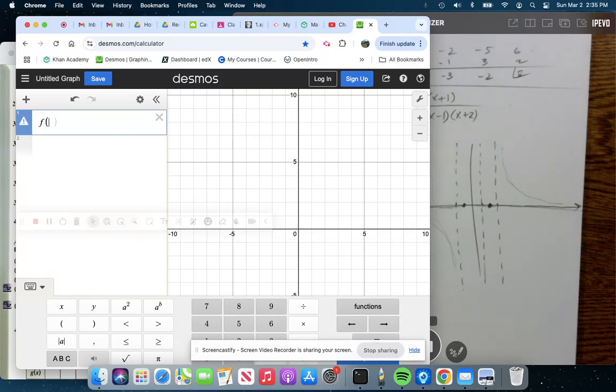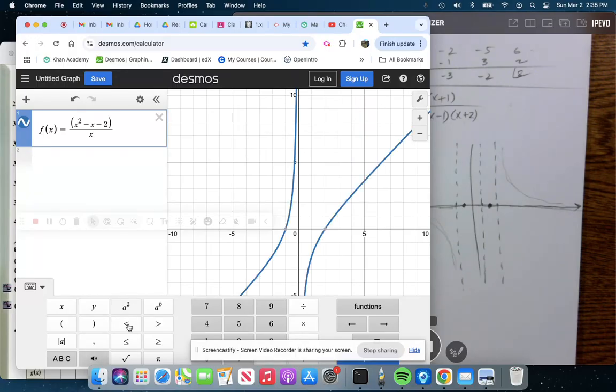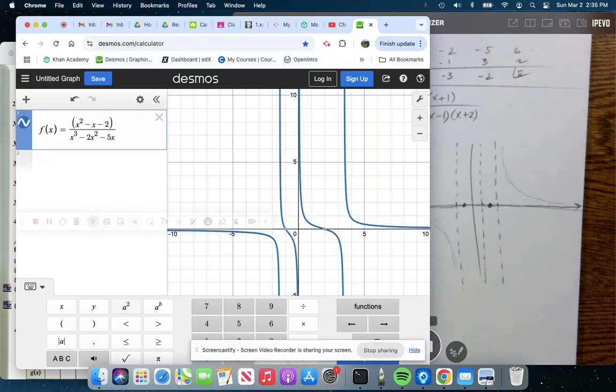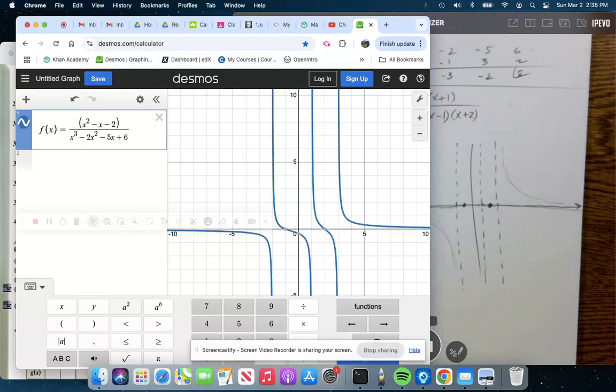All right, f of x, the unfactored form, equals parentheses x squared minus x minus 2 divided by x cubed minus 2x squared minus 5x plus 6. And there it is.